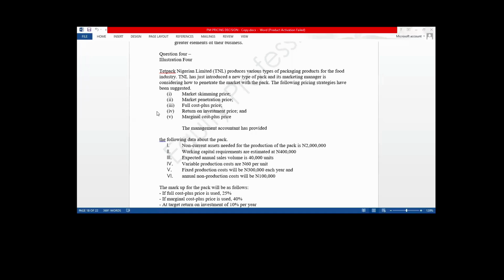For the full cost pricing, also known as the absorption cost pricing method, under this method, to determine the price of a product, you add up the fixed cost, the variable cost, and other costs included in the production of that product, to which a certain percentage as markup will be added.